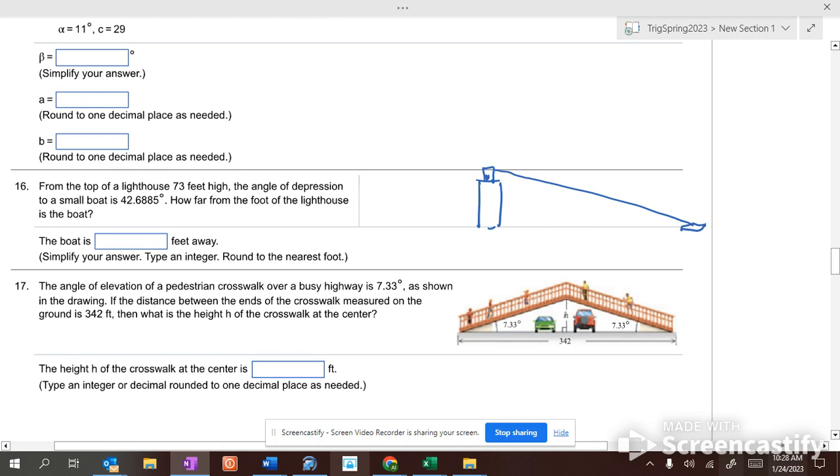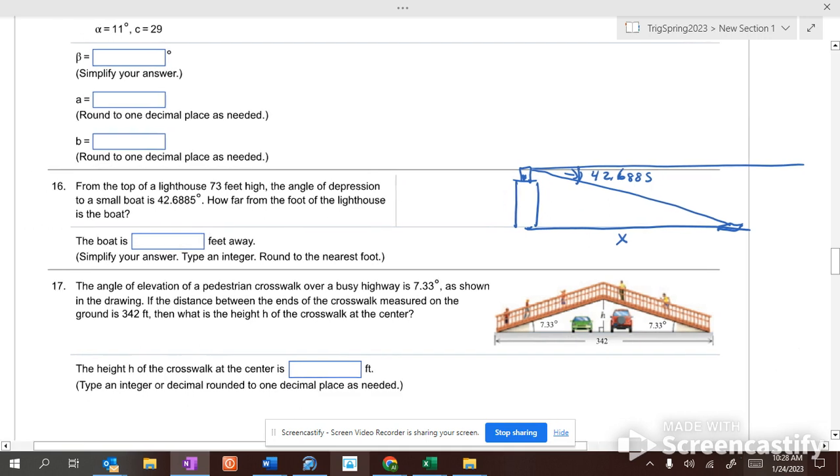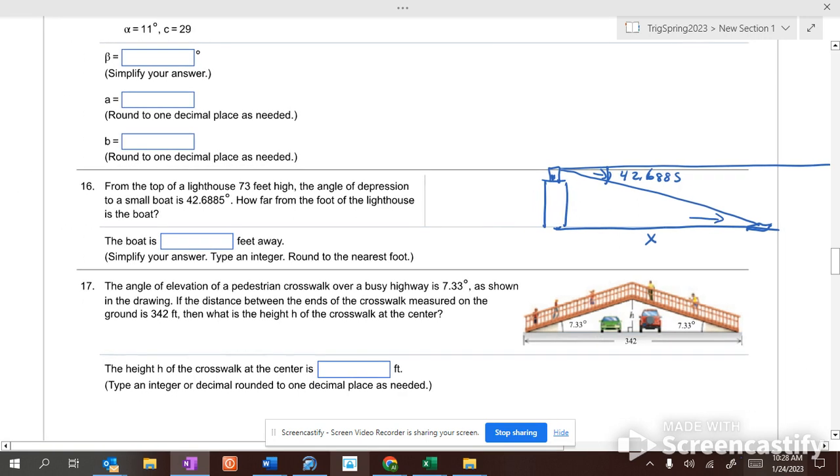The angle of depression down from horizontal is 42.6885. We want to know how far the boat is from the lighthouse. So if the angle of depression right here is 42.6885, what's the angle of elevation from the boat up to the top of the lighthouse?